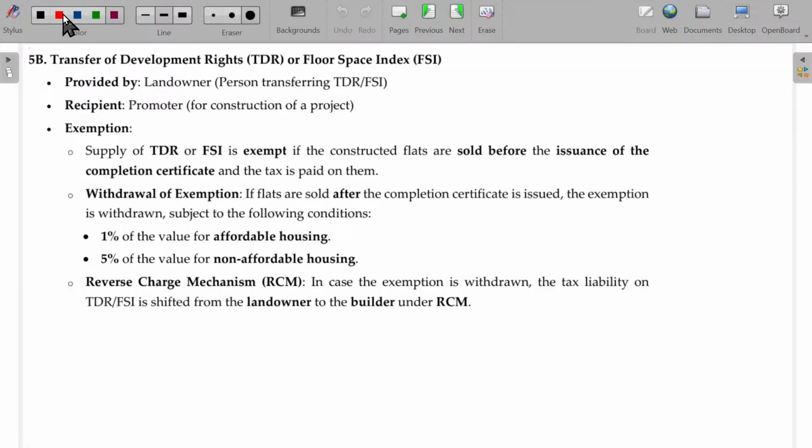Transfer of development rights or floor space index. A being the landowner, B being the promoter. He transfers what? Development rights or floor space index. For that, any consideration is payable. Okay. Naturally, what happens? RCM basis will be applicable.